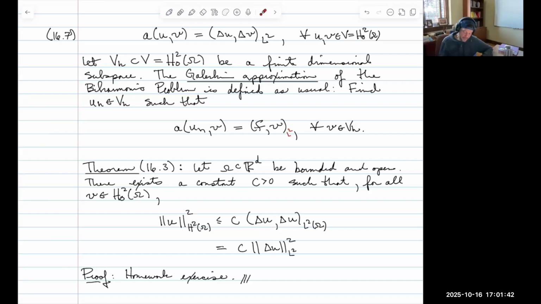And that's the same as the L2 norm of Laplacian u squared. Okay, so this is bounded above by that object. So this is a Poincare type or like inequality. So let's write that.